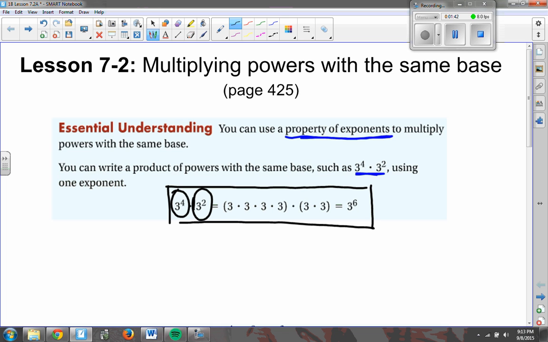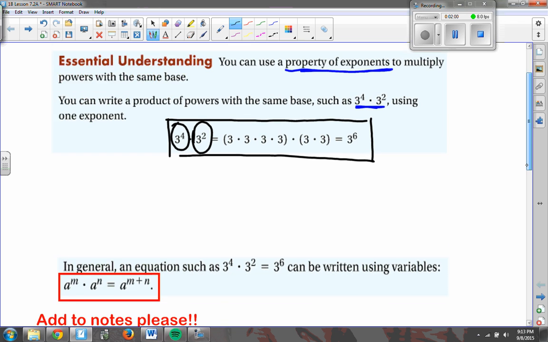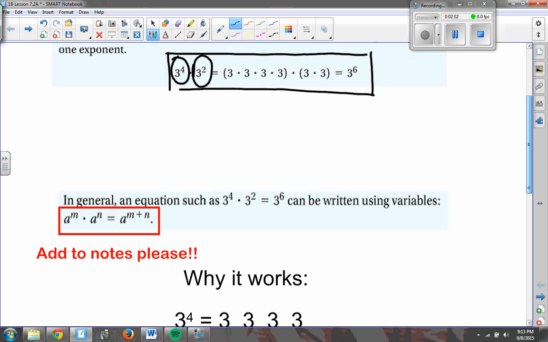And now your book's claim is that that equals 3 to the 6th power, and they are exactly right. Hopefully you can see that there are 6 3's multiplied all together there, so this is now 3 to the 6th power. Right? We will see exactly how that works after we generalize this to our rule.